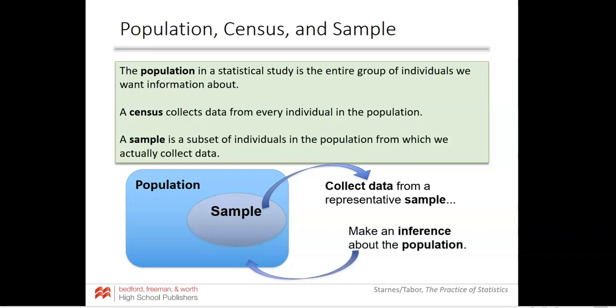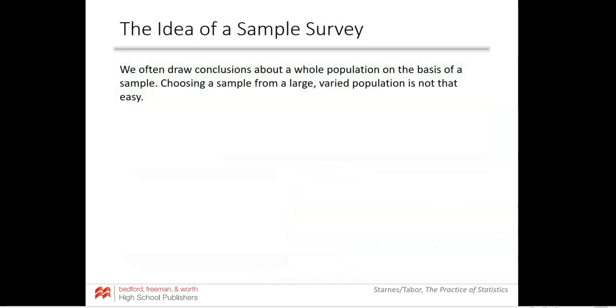We make an inference about the population. So if 40% of the sample you took like Taylor Swift, then you might make an inference that maybe about 40% of St. Mary's students do like Taylor Swift. Okay. We often draw conclusions from our sample.